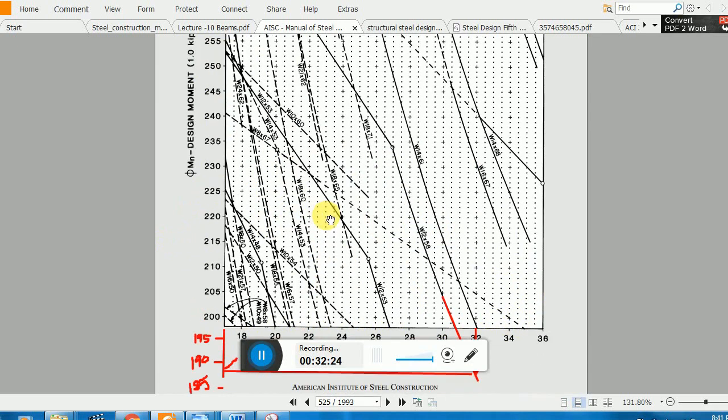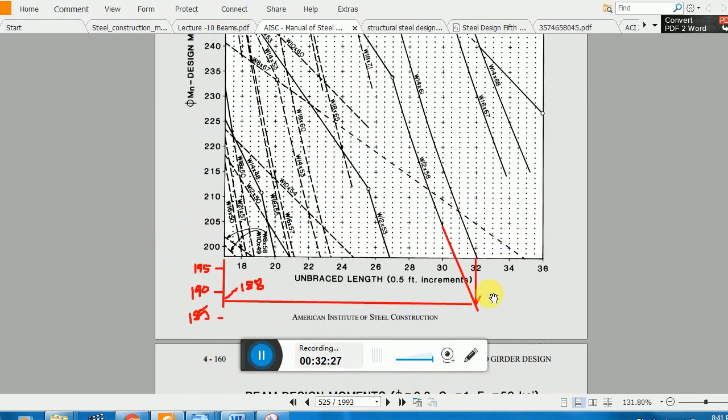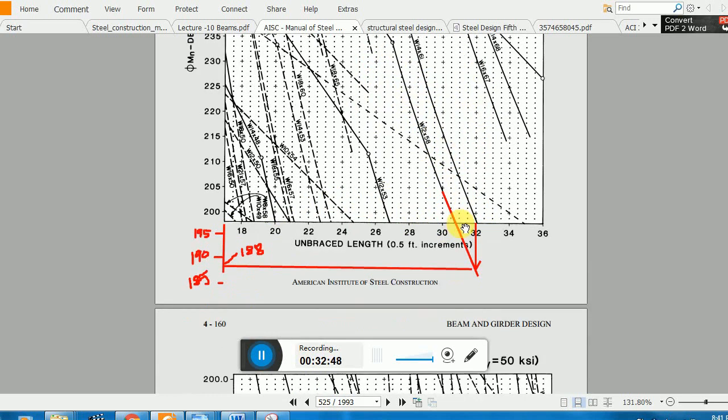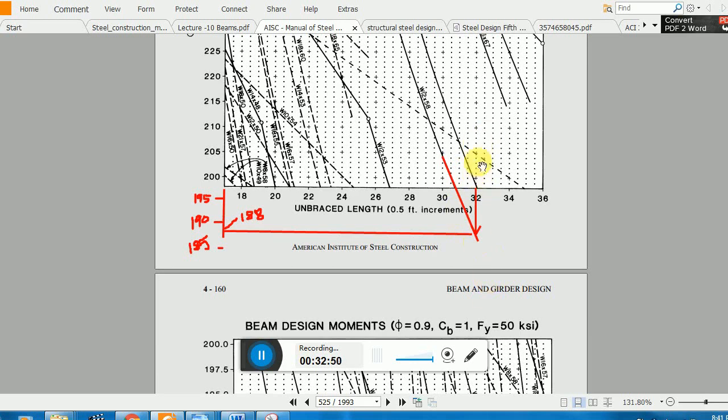Now what we have to do: if we extend this 32 feet in this direction where the section line is, there is no chance for these two lines to coincide. So for that purpose we have to extend the line in the downward direction, and we extend the section line as well.